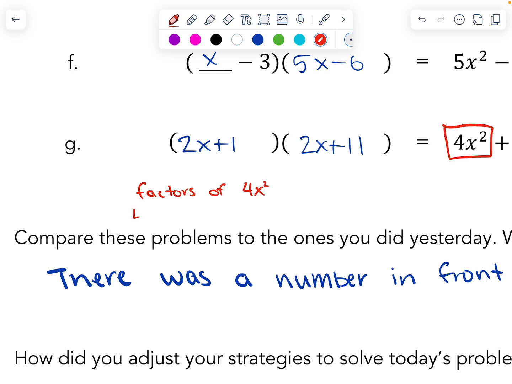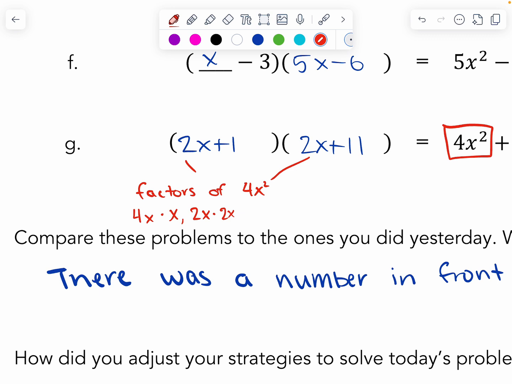So in this case, it can be 4x times x. It could be 2x times 2x. We're looking for 2 terms that work together and factor nicely.